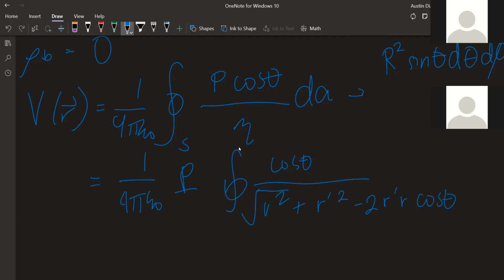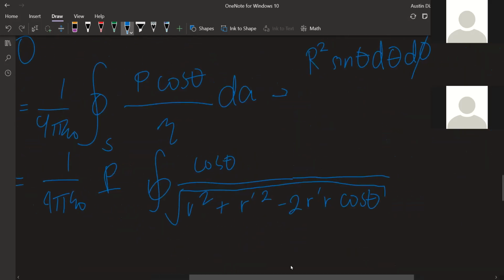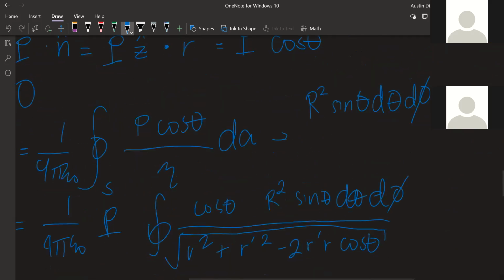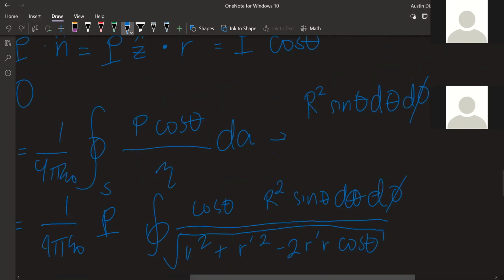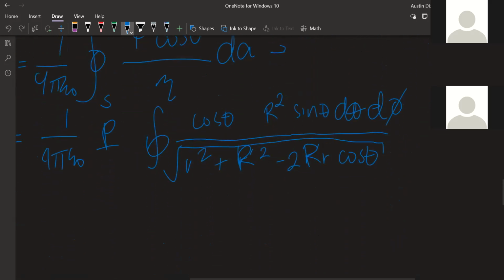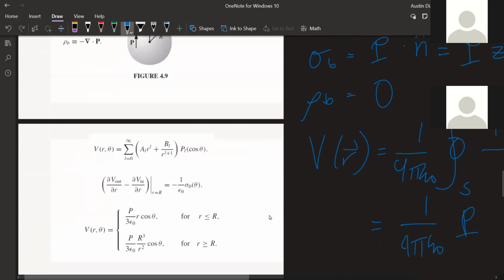Ayan yung itsura ng r natin. Di ba? Tapos lalagay mo pa itong nasa taas. Okay. Actually, r prime mga r, capital R yan. Kasi nasa surface ka lang. Okay, parang mahirap ata ito.